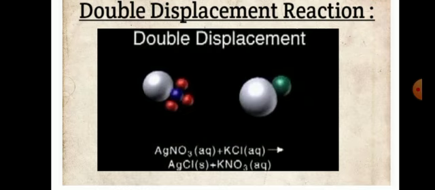So here you can observe that in the place of NO3, at the end product side, Cl takes the place of your NO3 and NO3 goes to the place of Cl, and this is an example for your double displacement reaction, that is AgCl, that is solid, and KNO3, that is your potassium nitrate, which is aqueous solution, are your end products in this equation and in this example.